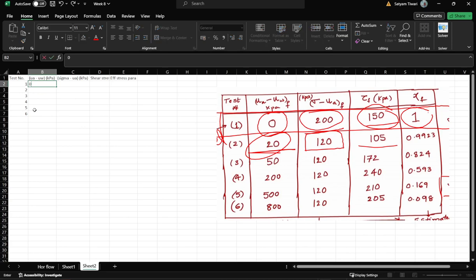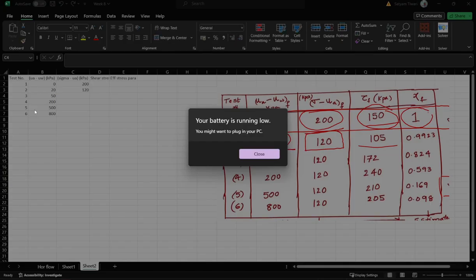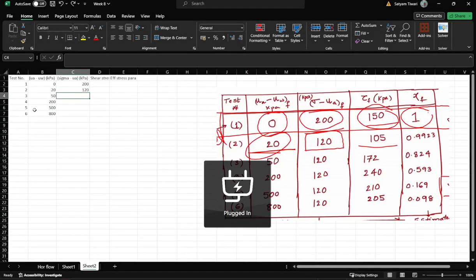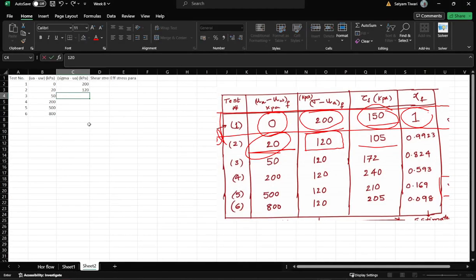For the first one, the values of matric suction are 0, 20, 50, 200, 500, and 800. Sigma minus ua is going to be 200 for the first, and then constant at 120 for all other tests.